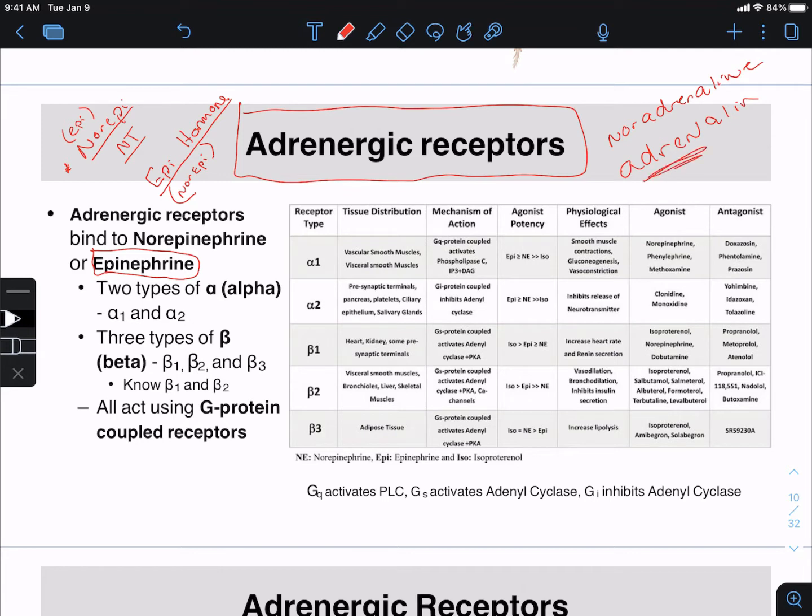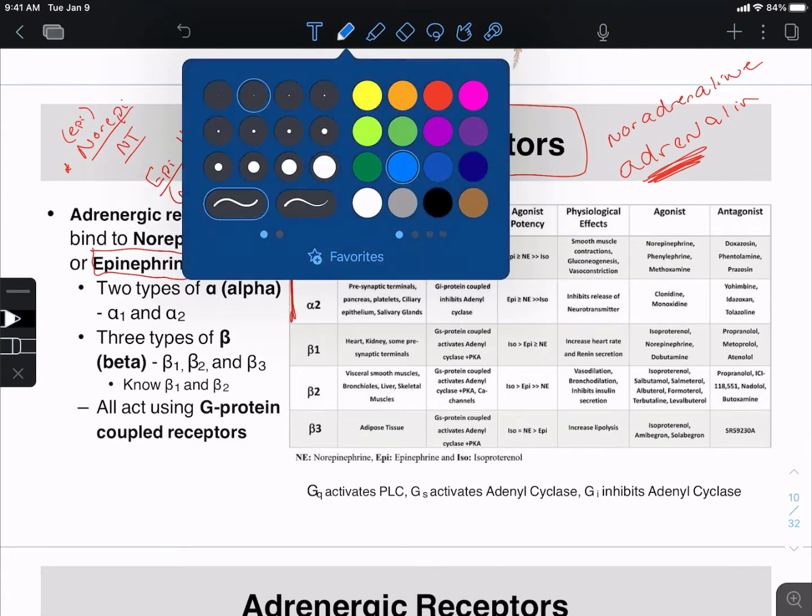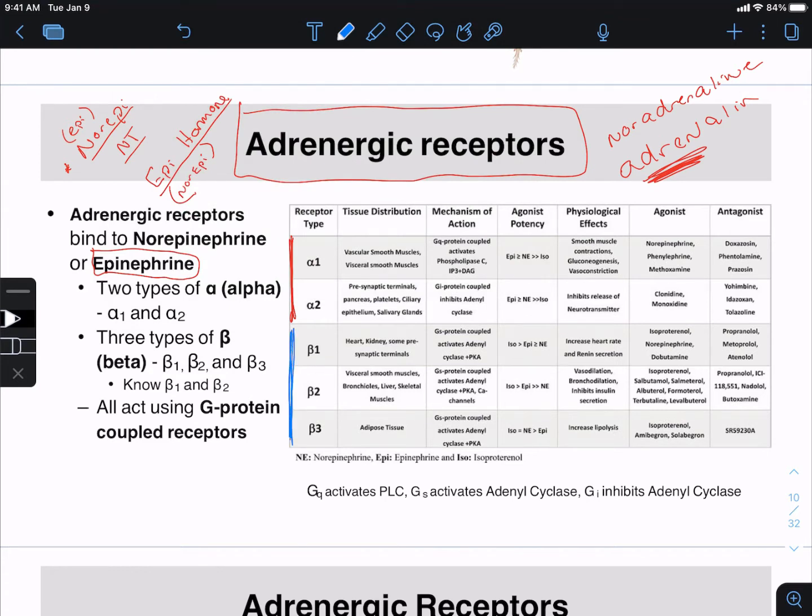So take the adren and add it to ergic, and you've got the receptors that bind to adrenaline or noradrenaline. They are grouped into alpha, shown here, and beta, shown here. I do want you comfortable with these receptors because knowing these receptors and their locations is going to help you to understand the effects of the sympathetic nervous system.